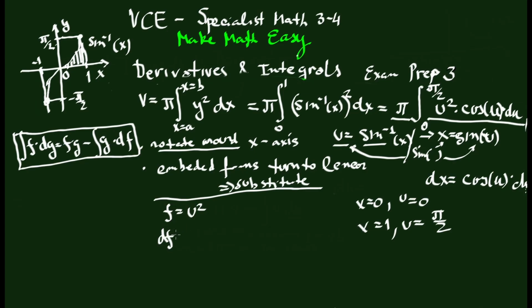Therefore df is 2u du. And our dg is cosine of u du. Therefore our g is the integral of cosine, which is sine of u.